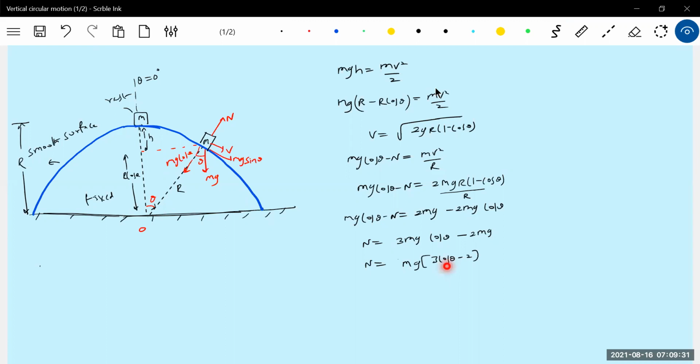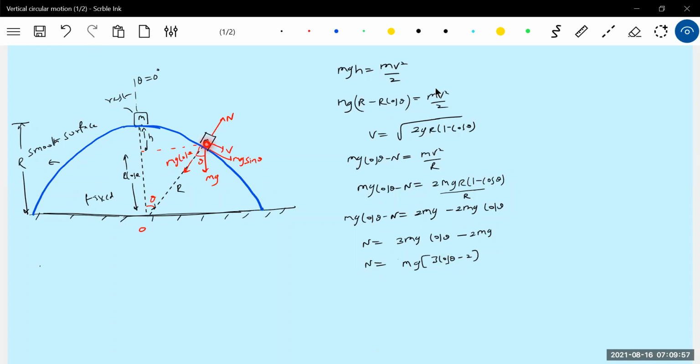Now at one specific angle theta, if cos theta equals 2 by 3, the normal contact will become 0. Means for cos theta less than 2 by 3, normal contact will be non-zero, and for cos theta greater than 2 by 3, N can be positive or negative.